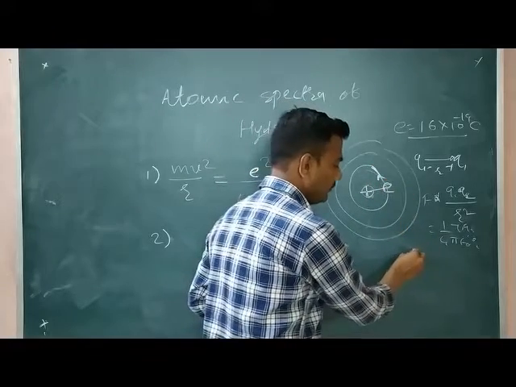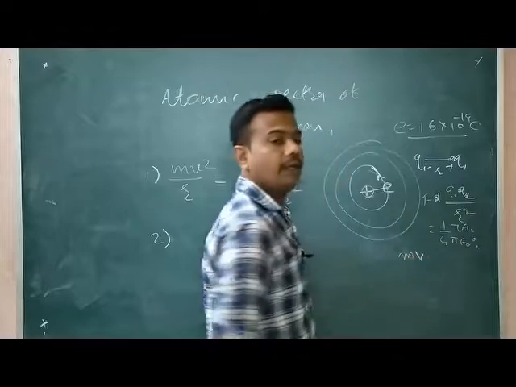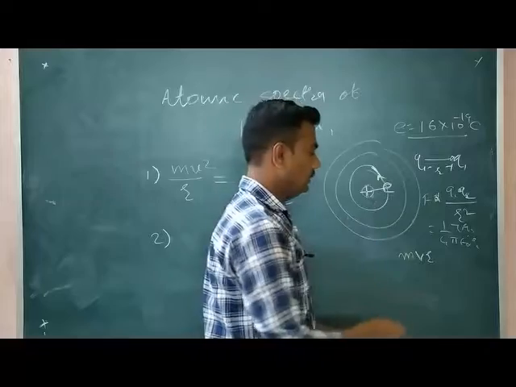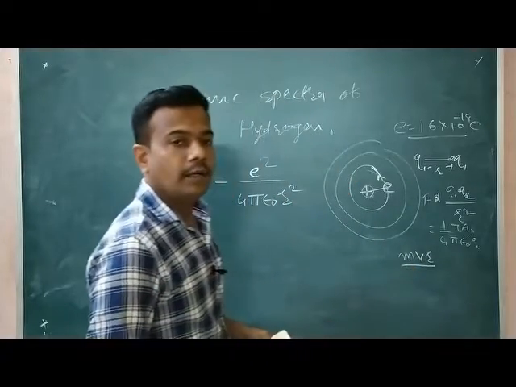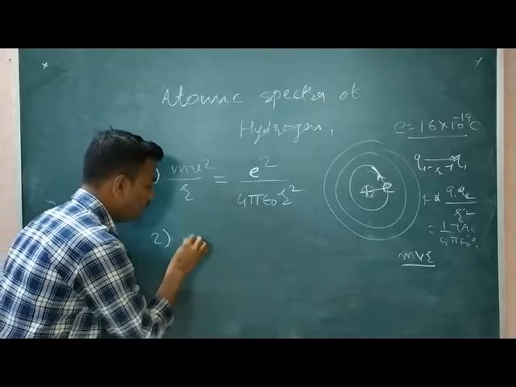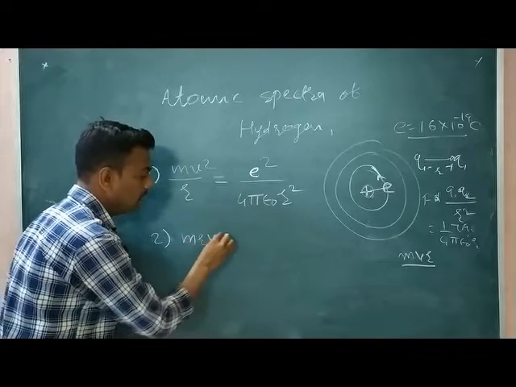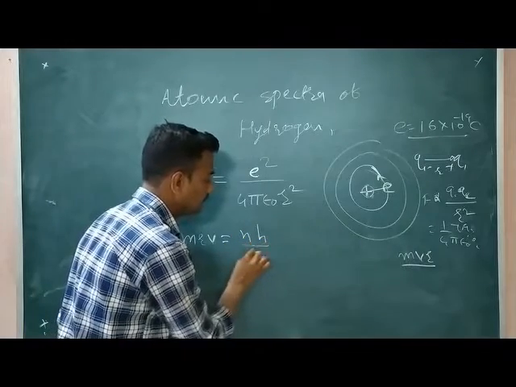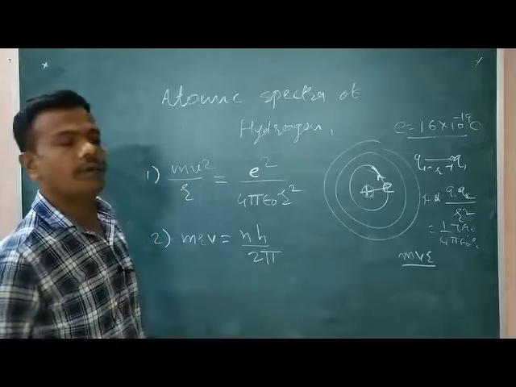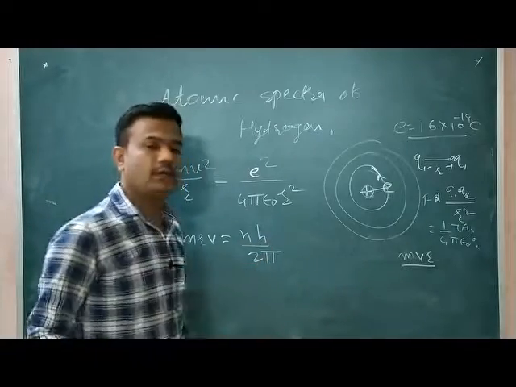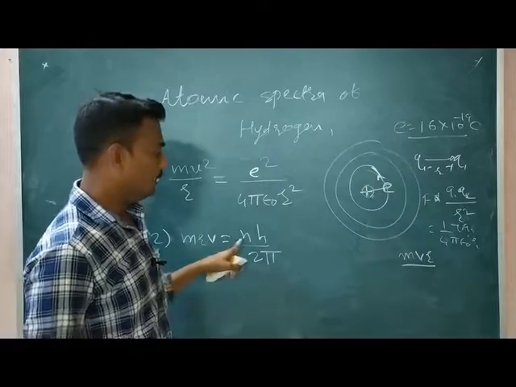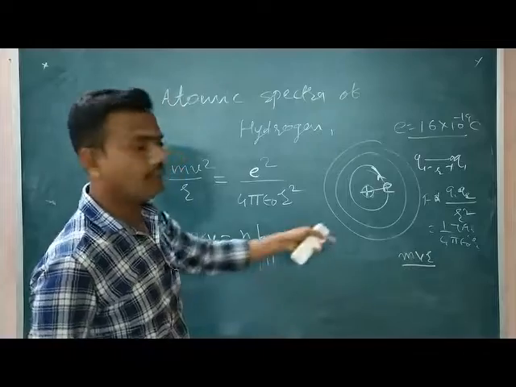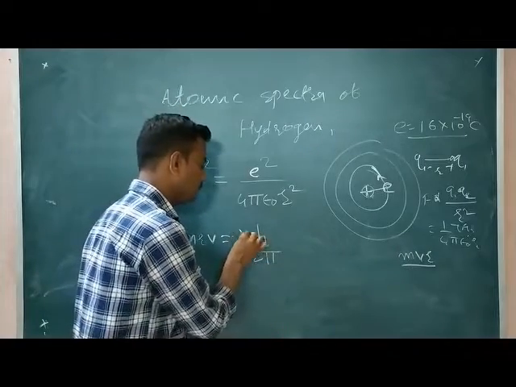If the electron has mass m, moves with velocity v, and r is its distance from the nucleus, then mvr represents the angular momentum of the electron. It is given by nh divided by 2 pi, so the angular momentum of the electron is quantized. h divided by 2 pi is sometimes called h cross. Here n has values 1, 2, 3, 4 and so on. This is the second postulate.